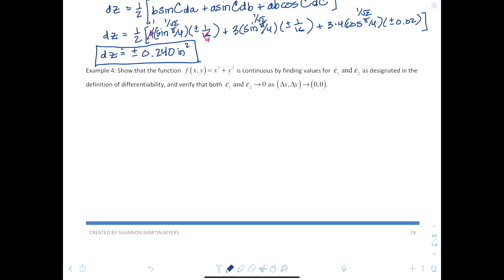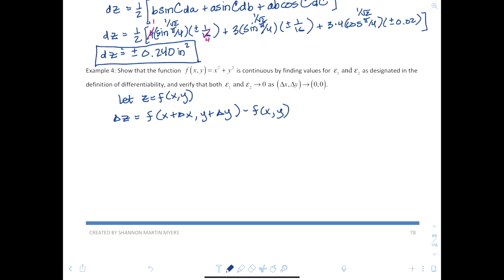Okay, so let's go ahead and let z equal f of x and y. And so delta z is equal to f at x plus delta x, comma, y plus delta y, minus f at x and y, kind of like we did in that proof, right?